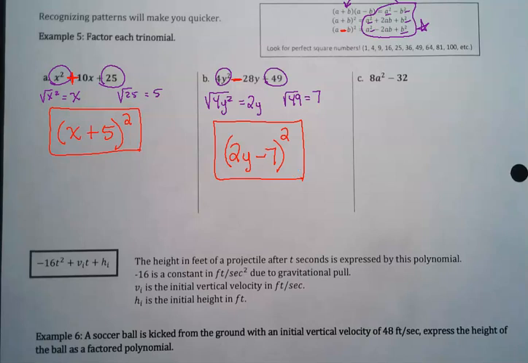In C, notice this time we only have 2 terms. It's kind of a giveaway in this case that it's going to be our first one, the product of the conjugates. But again, we have to make sure both of these numbers are squares. Is there a square root of 8?